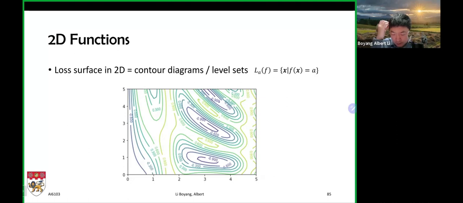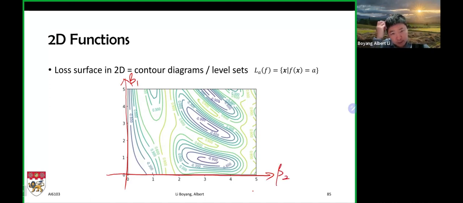Okay, so in 2D, we have loss surfaces. So this is one input or function parameter, let me call this beta 1. And this is another parameter, and I'm going to call that beta 2.